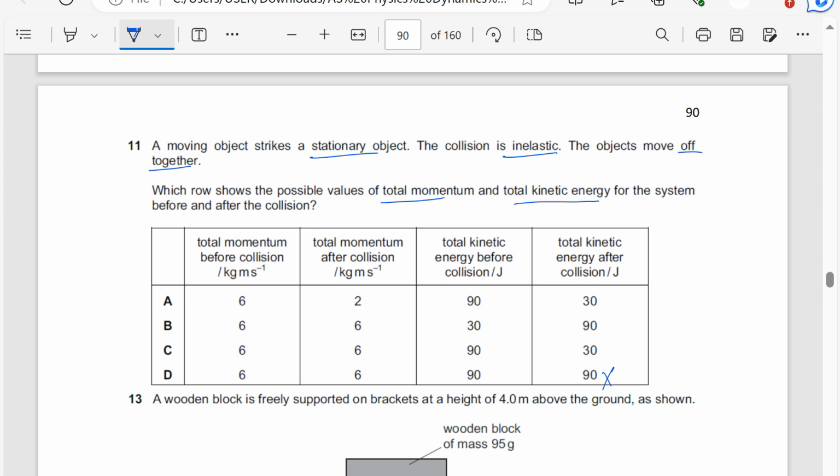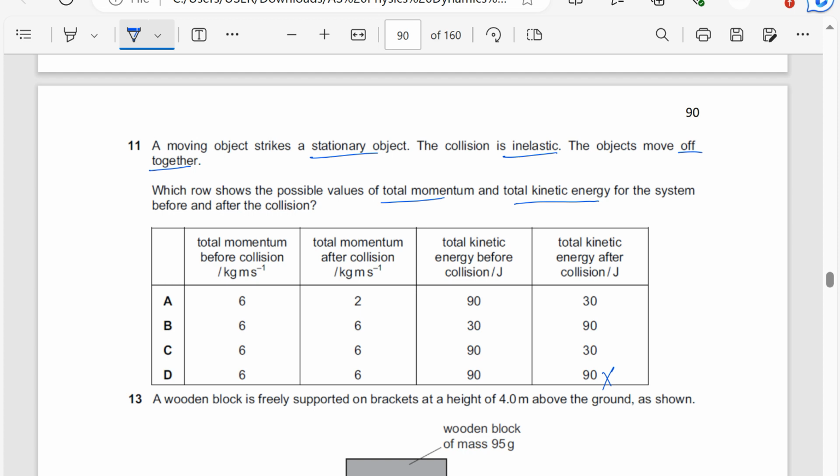But then, if the collision is inelastic, it means kinetic energy before collision is most likely going to be higher than kinetic energy after collision, because there is no possibility of the velocity of the combined object to be higher than the velocity of an object which was moving alone. The one which was moving alone is the one which gave some momentum to the one which was stationary.